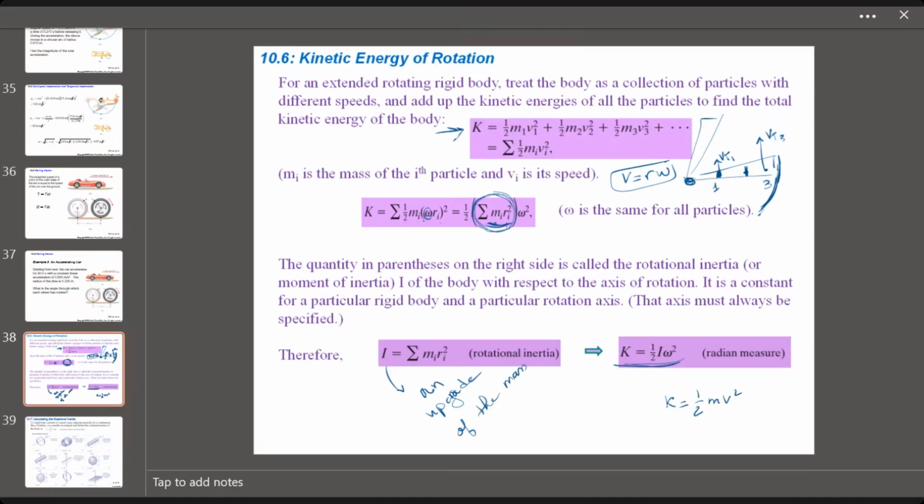I just substituted the mass by the mass times R squared, just to account for the distribution of the mass over different locations, which will affect my angular quantities. And I is dependent on the object only, the shape of this object. So the same object, however it is moving, it will have the same rotational inertia.